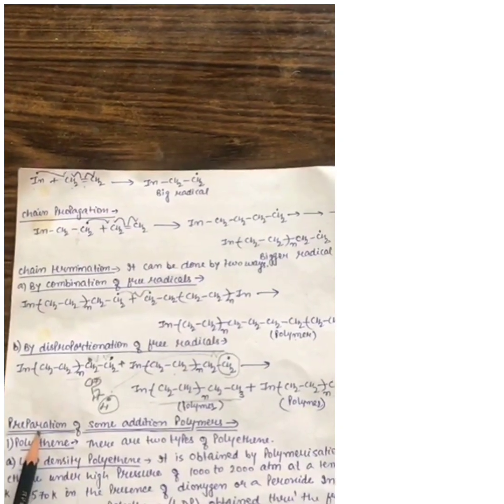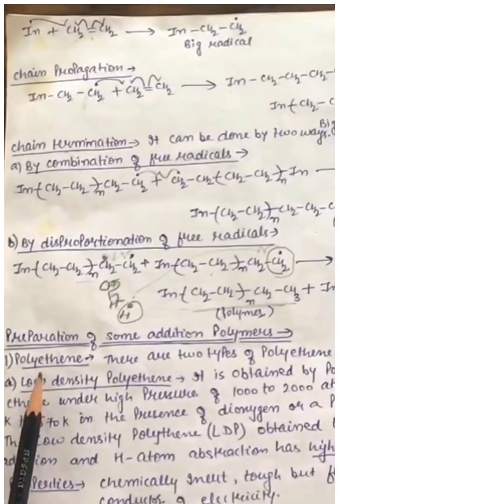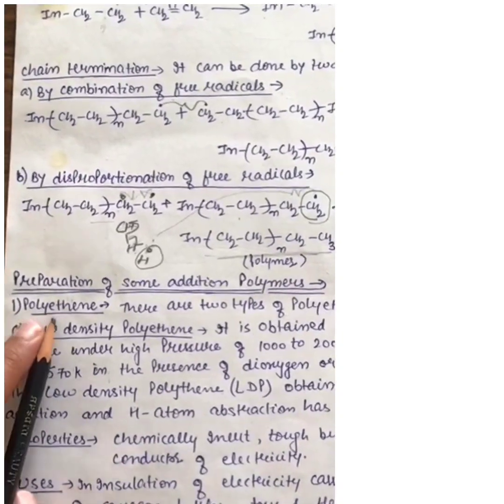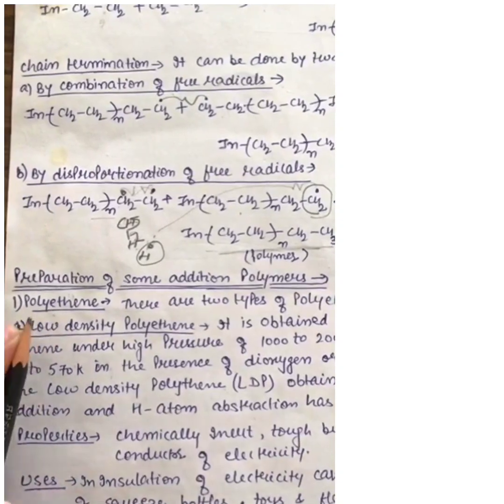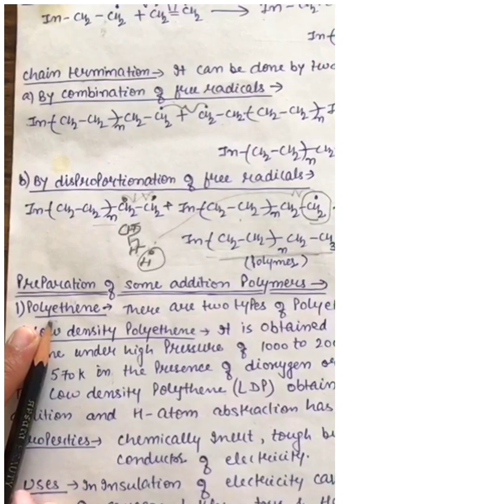Now our next topic is preparation of some addition polymers. Students, pay attention. In this topic, we will discuss various types of polymers, and mainly you have to learn the names of monomers, structures of monomer and polymer, and any two uses.